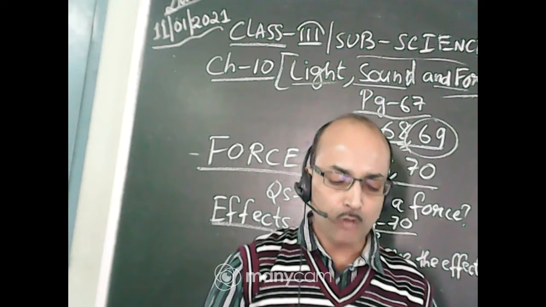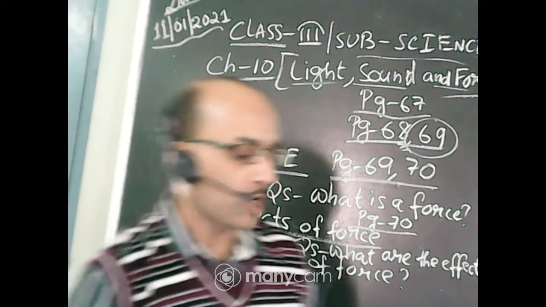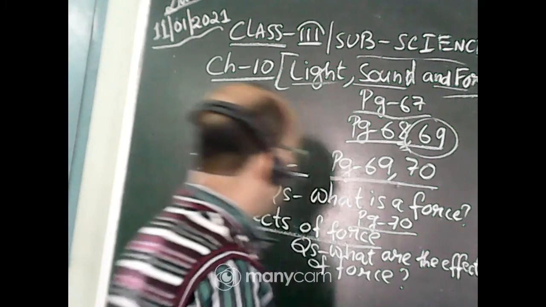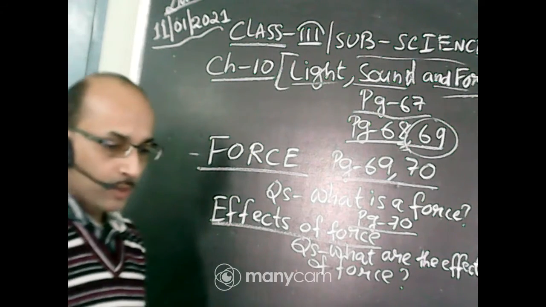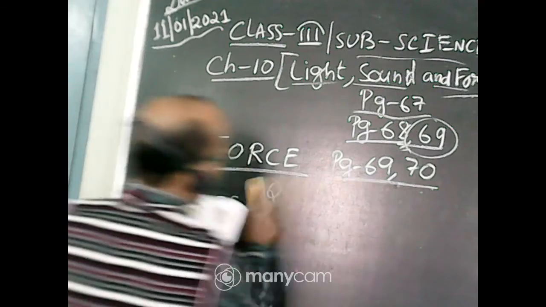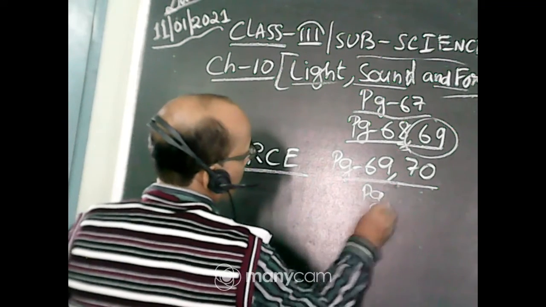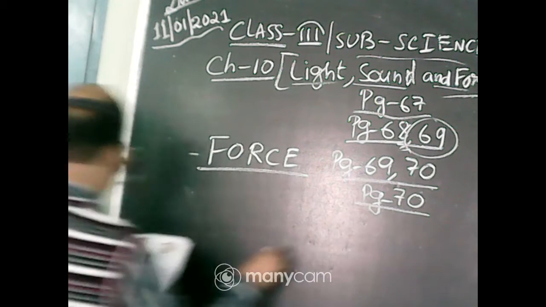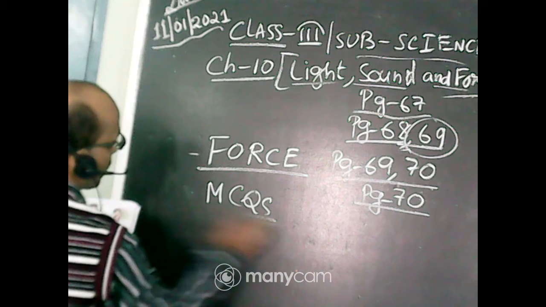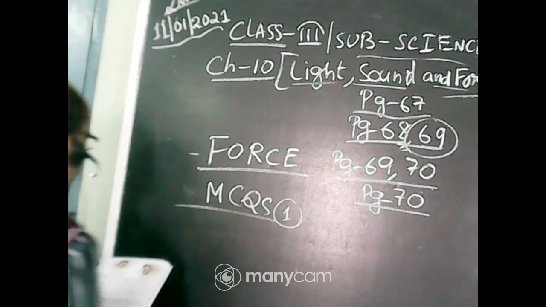Okay, now there is one MCQ there, we will solve that one. All of you will solve this in your science book with the help of a pencil. This is page number 70. MCQs. Number 1, tick the correct answer.